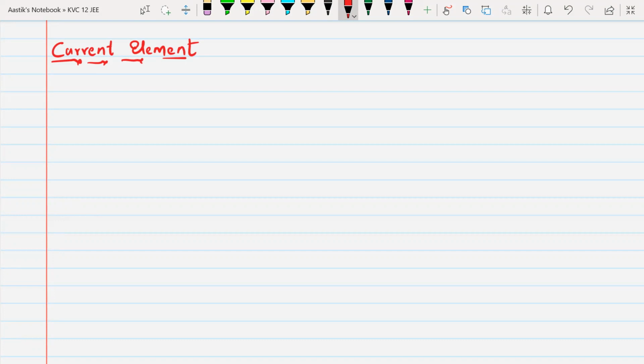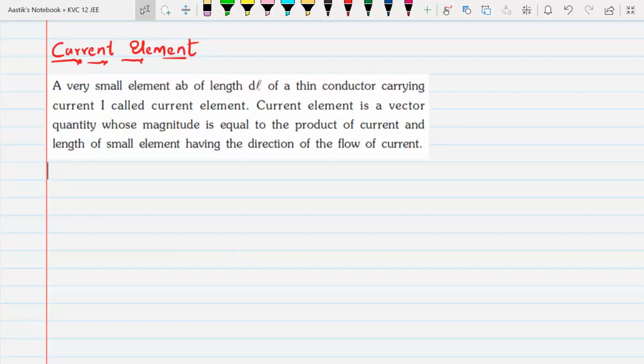No, sir. It's just a hypothetical term that we have created so that we can understand the magnetic field created by a wire. We take a very small segment dl of a conductor carrying current I, and we call that small length of the wire a current carrying element or a current element.